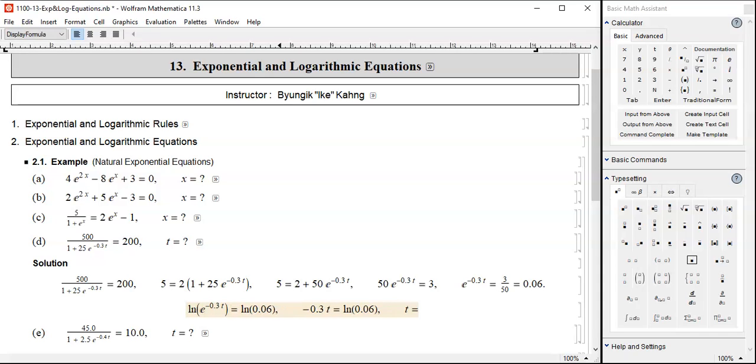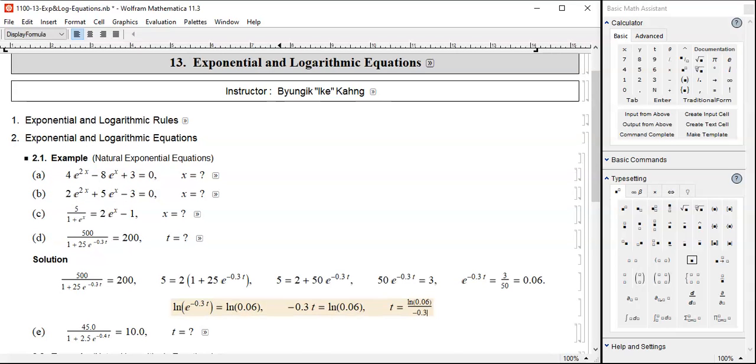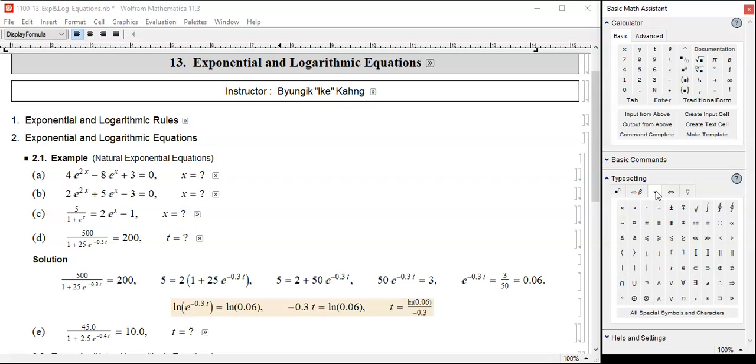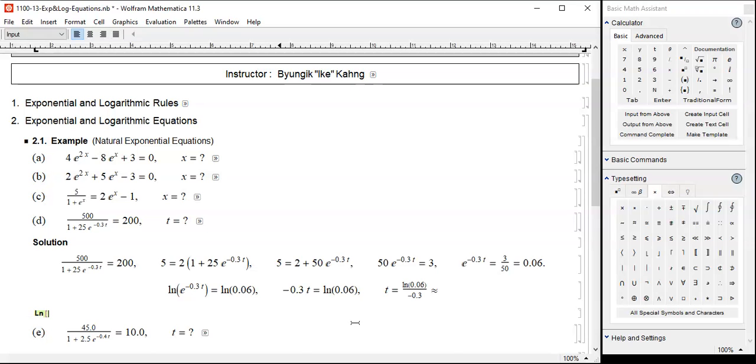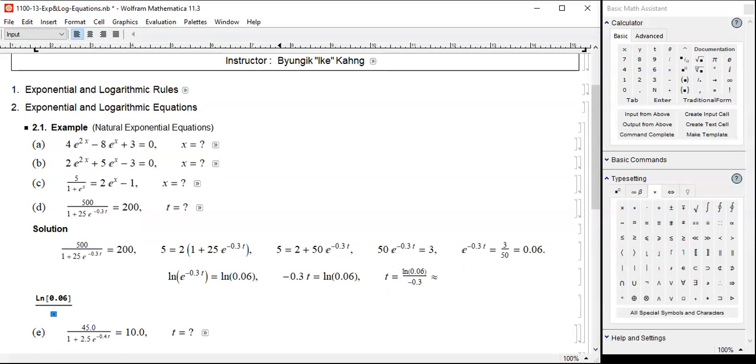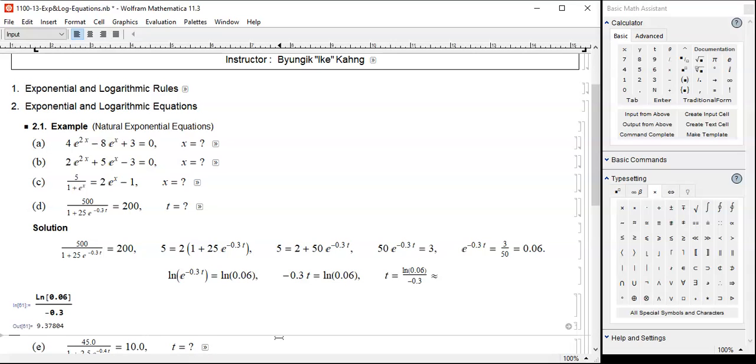Divide away by this coefficient and we're through. And if you punch it into the calculator, you're going to get what you want. Let's see, what is this? Natural log of 0.06 over negative 0.3, and you're supposed to get this.